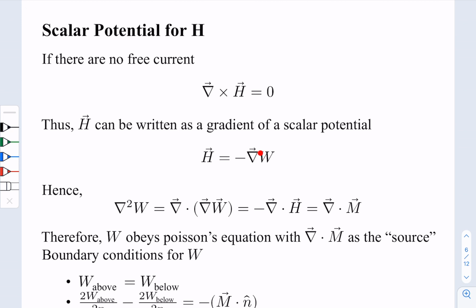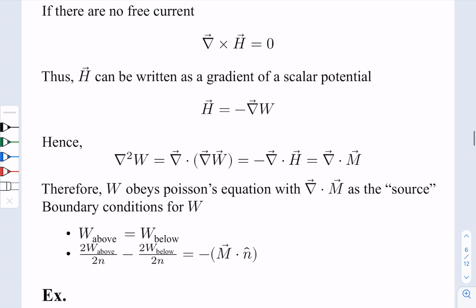So we denote this scalar potential as the capital W. So now if we make this definition of the scalar potential W, then if we apply this Laplace operator, we can see that the del square of W can be written down as del dot H, where the H is supposed to be written down as the sum over the B field and the M field, but we know that del dot B is always 0, so the H can only be written down as a single term of M.